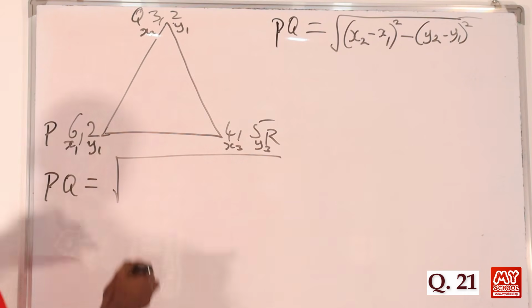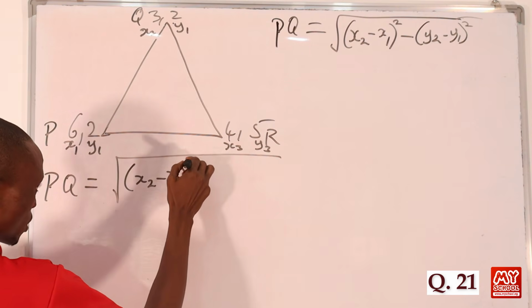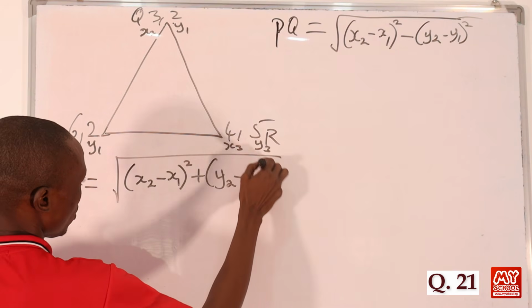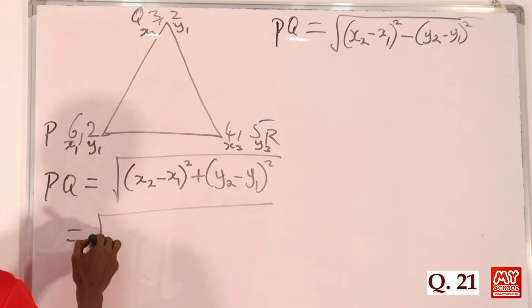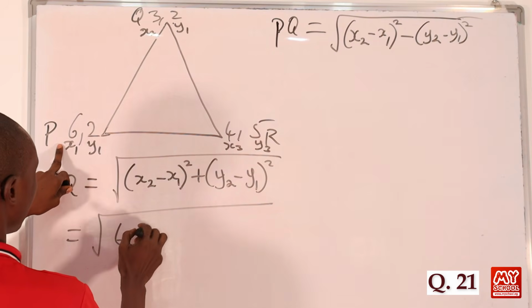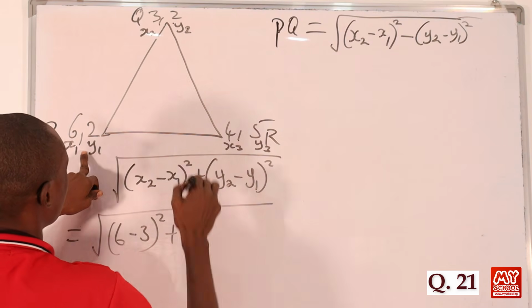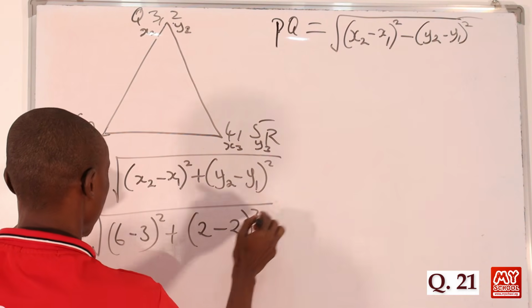To calculate the distance between these two, we just go X2 minus X1 all in bracket square, then plus Y2 minus Y1 all in bracket square, right? So this becomes root of 6 minus 3 in bracket square, then plus, this one is 2, so plus 2 minus 2 in bracket square.